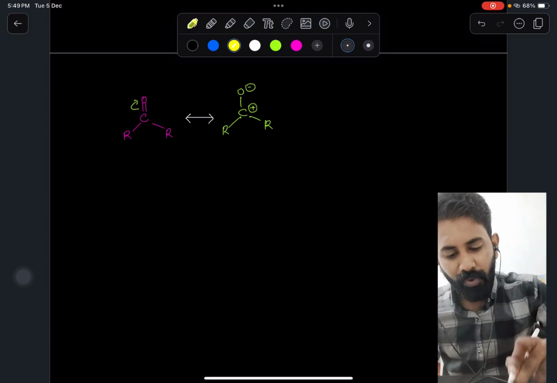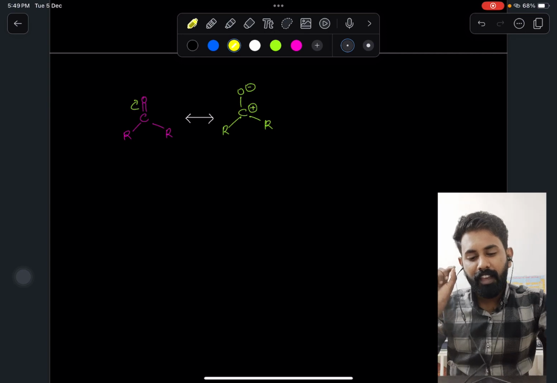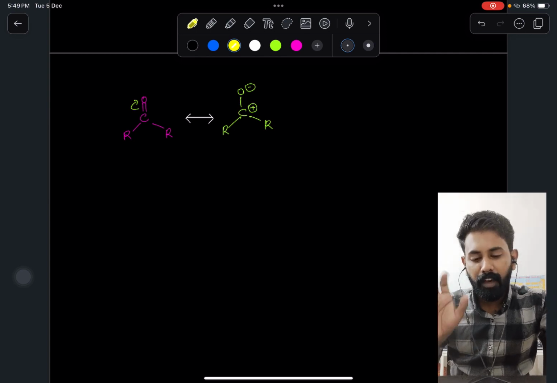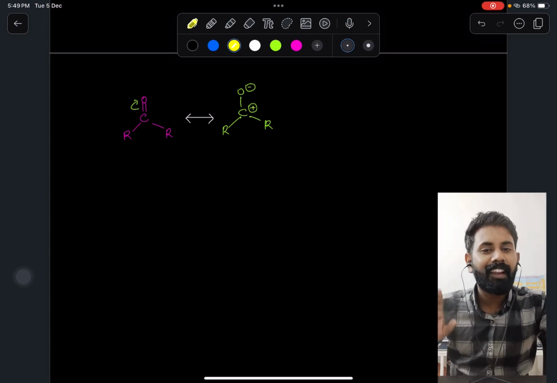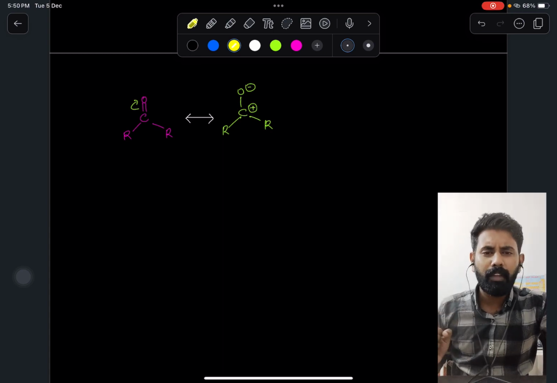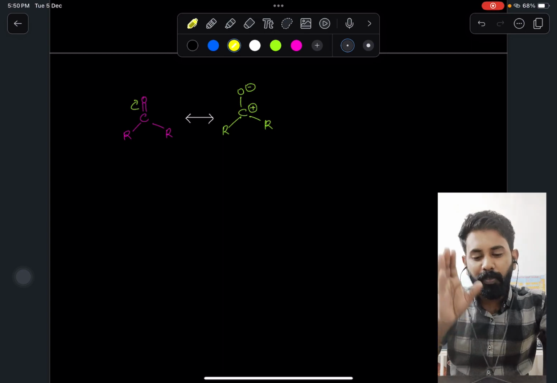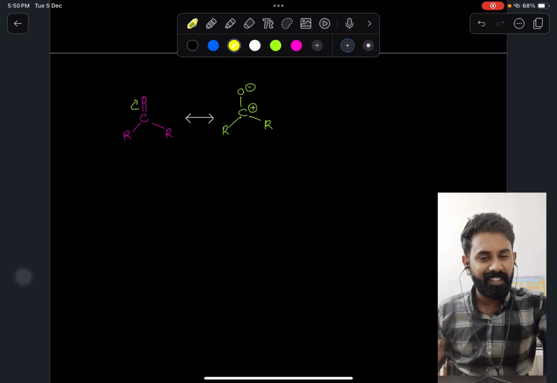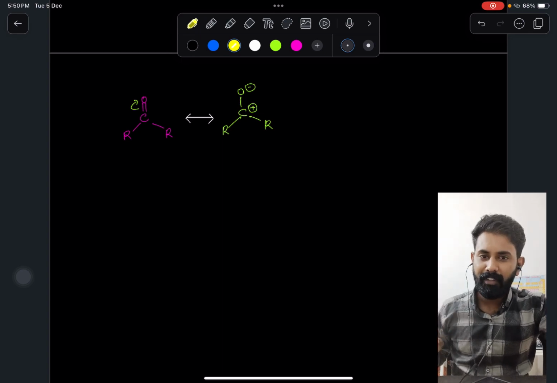So now from this structure, it is very clearly visible that the carbonyl carbon has a positive charge. A positively charged carbon, we know, is an electron deficient center, and an electron deficient center means it's an electrophilic center. Due to the presence of this electrophilic center, a nucleophile can easily attack the carbonyl carbon, right?